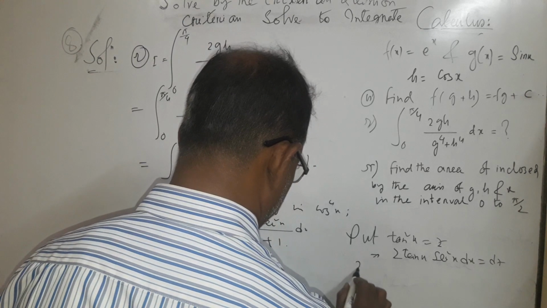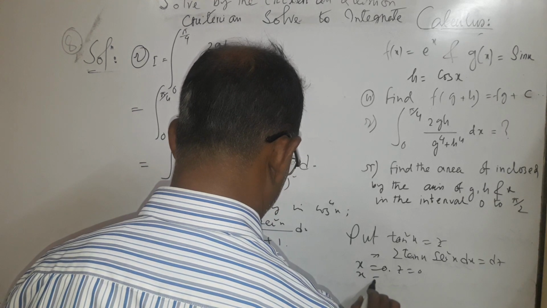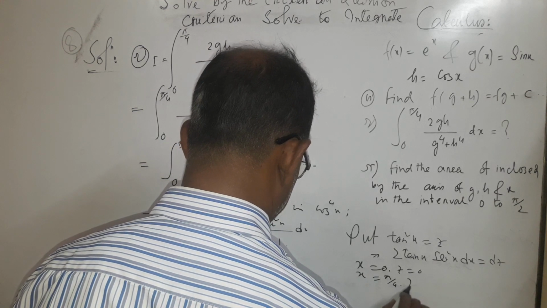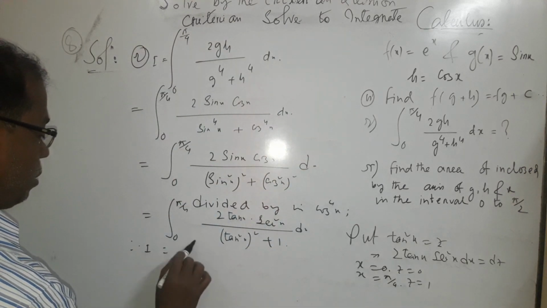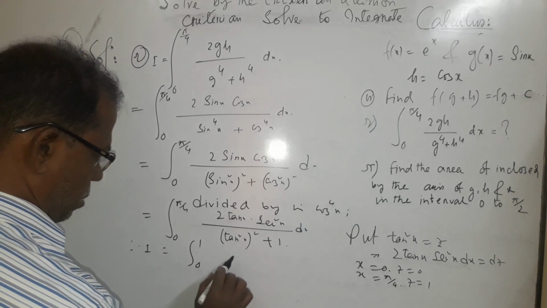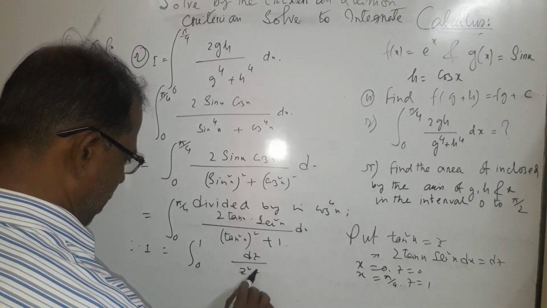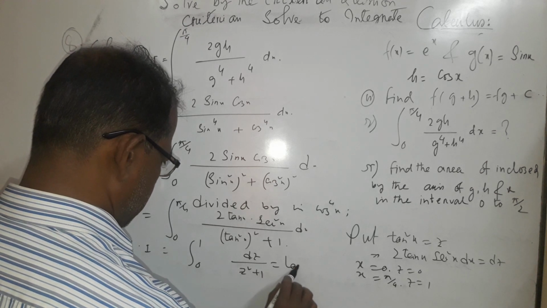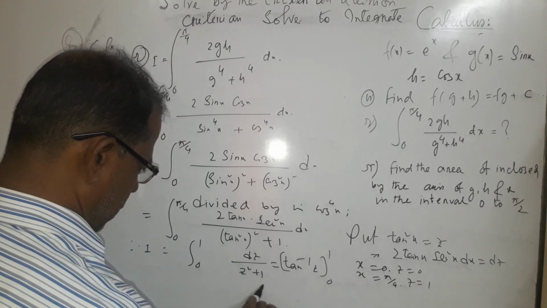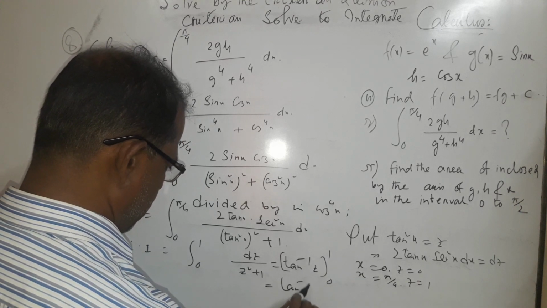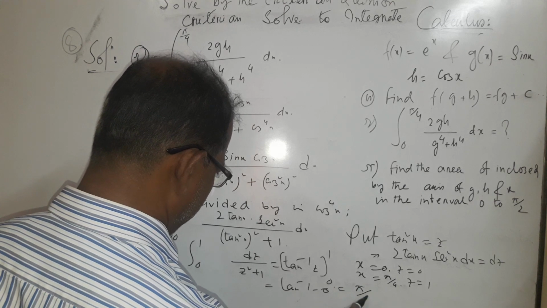So x equal to 0, then z equal to 0; x equal to pi divided by 4, then z equal to 1. So I equal to integral 0 to 1 of dz divided by z square plus 1, that means tan inverse z from 0 to 1, that means tan inverse 1 minus 0, that means pi divided by 4.